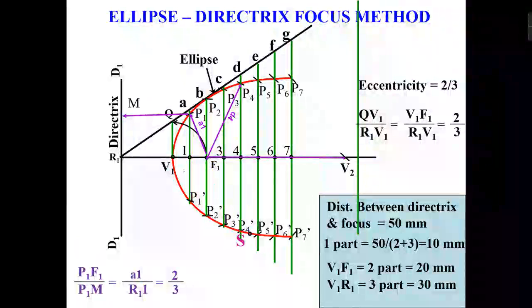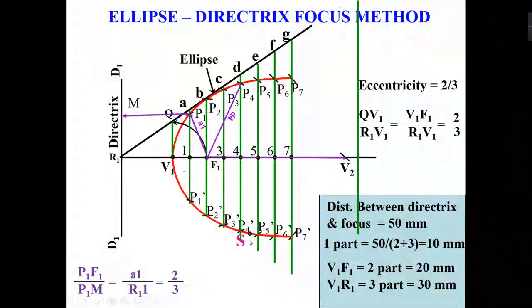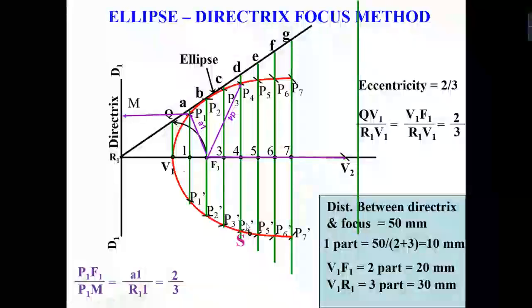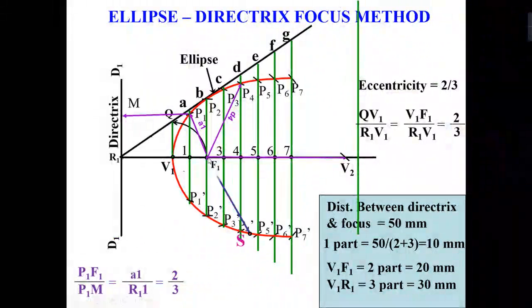After that, suppose I want to draw a tangent and normal at any point that is on the ellipse. So it is a point S and I want to draw the tangent and normal at this point. First I will join this point with the focus.